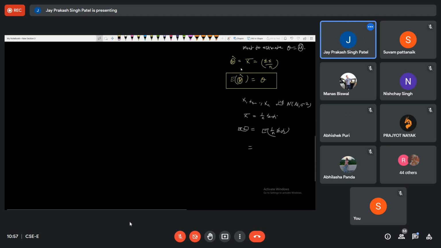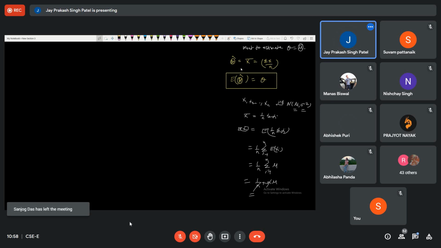Since expectation is a linear operator, it is equal to 1 by n summation of expectation of xi, and since x1, x2, xn are IID, meaning independently and identically distributed normal with mean mu and variance sigma square, expectation of xi is equal to mu. So 1 by n summation for i from 1 to n of mu, and this is equal to 1 by n into n mu. When we simplify this, it is equal to mu. So you can see the expected value of x bar is equal to mu.